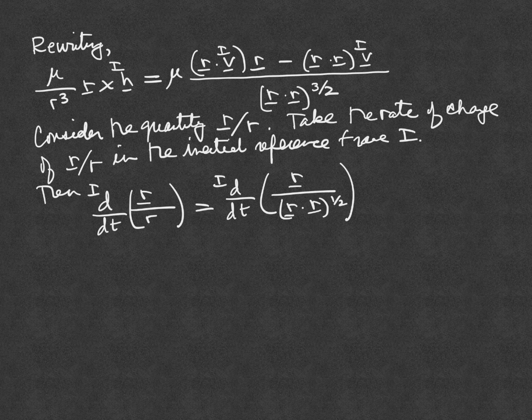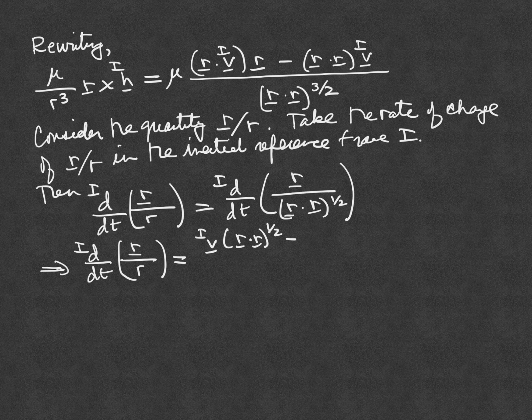Well, this is now the quotient rule. So this implies that d dt in I of r divided by the radius is equal to the derivative of the numerator, which is vI, times the denominator, which is r dotted with r to the 1/2, minus the numerator, which is r, times the derivative of the denominator.